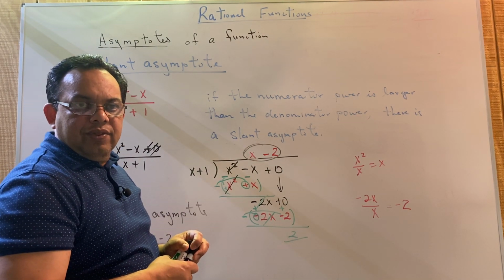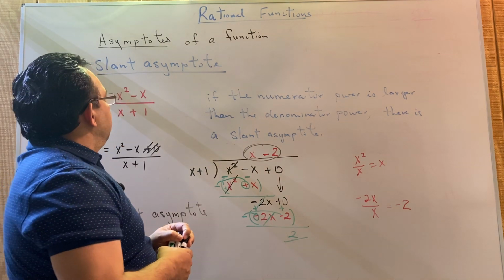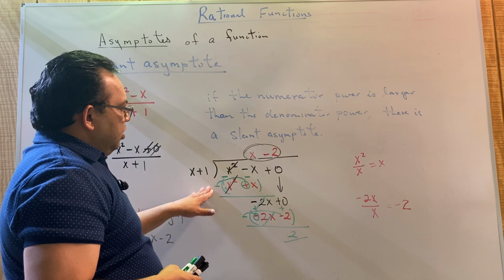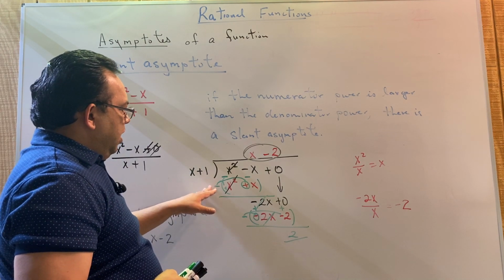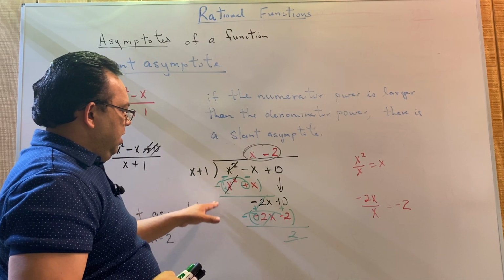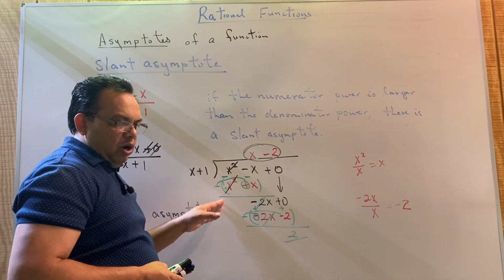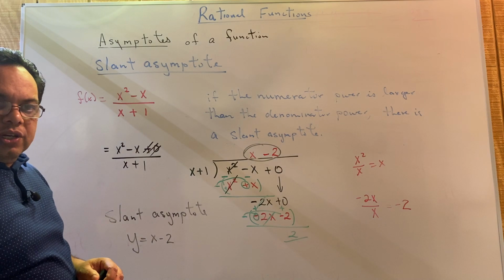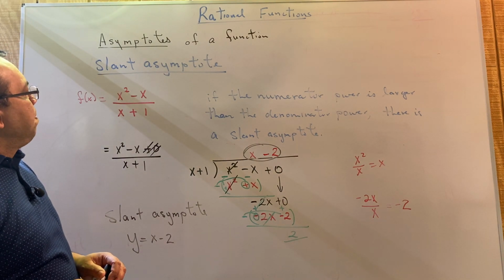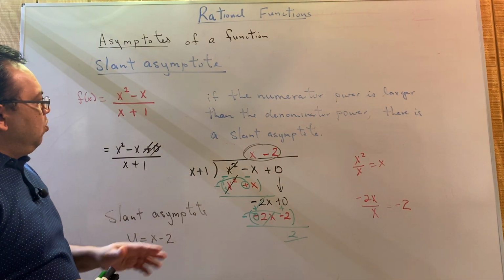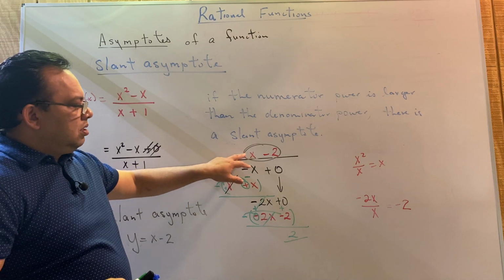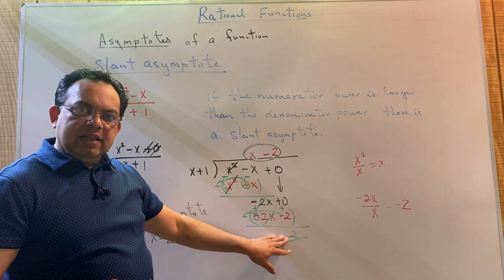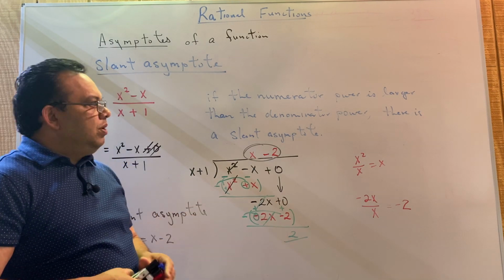We did long division prior, so I don't think this would be too much of a problem for you to understand. If not, review the videos on long division that I've created for you. Once you perform long division, it's just the quotient. We do not care about the remainder for slant asymptotes.